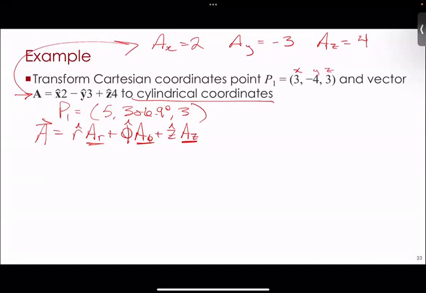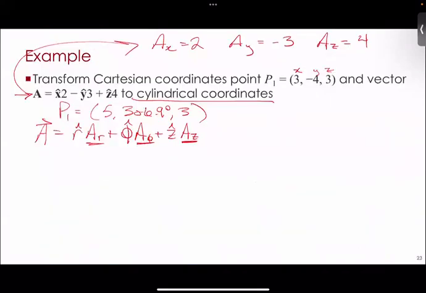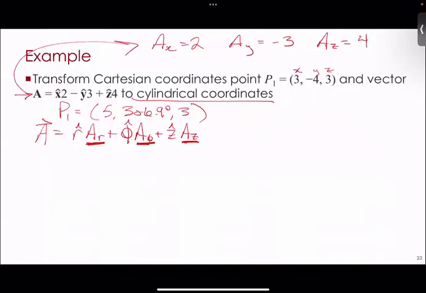So we got a vector. We want to do this conversion. In order to do this, we need to find AR, A phi, and AZ. So we want to use that. That gives us AR, A phi, and AZ. So I'm just going to copy those down. So AR equals AX cos phi plus AY sine phi.